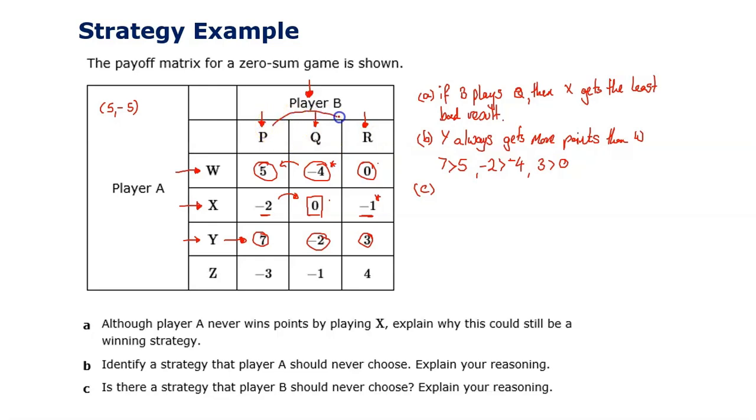So I'm just going to compare P versus R now. R wins this one. The -1, this is the better one again. So I think no. P is not dominated by Q or R, and vice versa, I suppose.